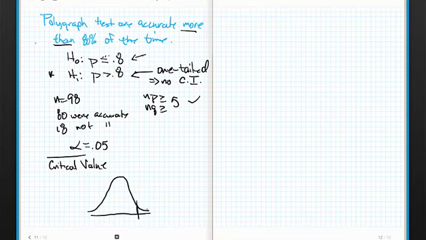So what that says is I want the value for 0.05 right there. That's what alpha is. If alpha is 0.05, then I now want the critical value that cuts this off. Because if I end up with a critical value inside of this region, then that is far enough away from my assumed population proportion of 0.8 to say, hey, something's fishy.